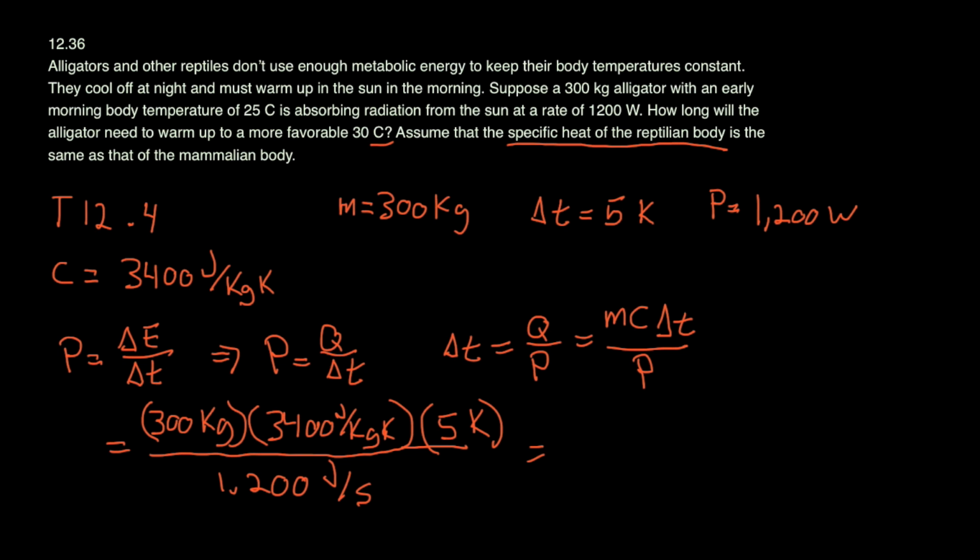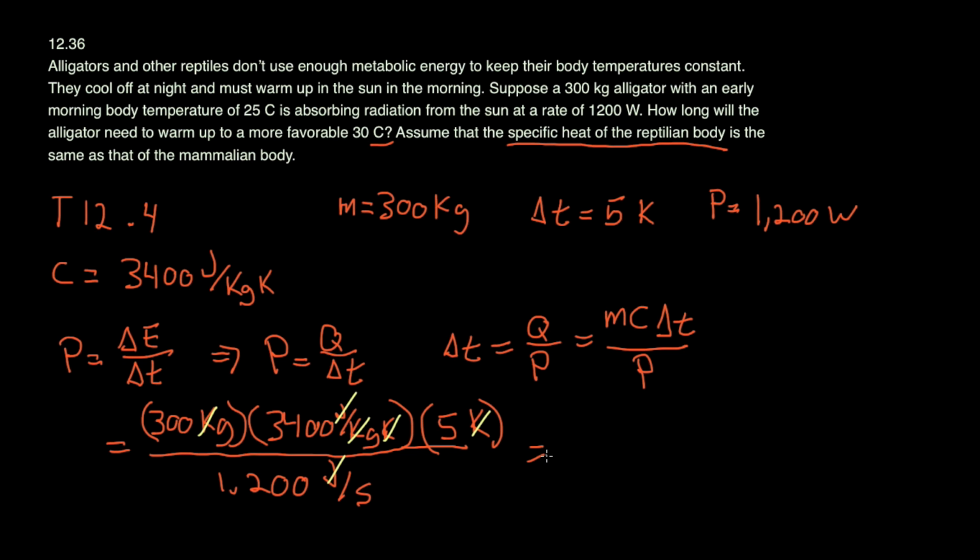And if you notice, a lot of our units cancel here. Kilogram is going to cancel with kilogram, Kelvin is going to cancel with Kelvin, and then we have joules over seconds, so the joules are going to cancel out, and we're just left with 1 over 1 over seconds, which is going to be seconds, so we're in the right units.